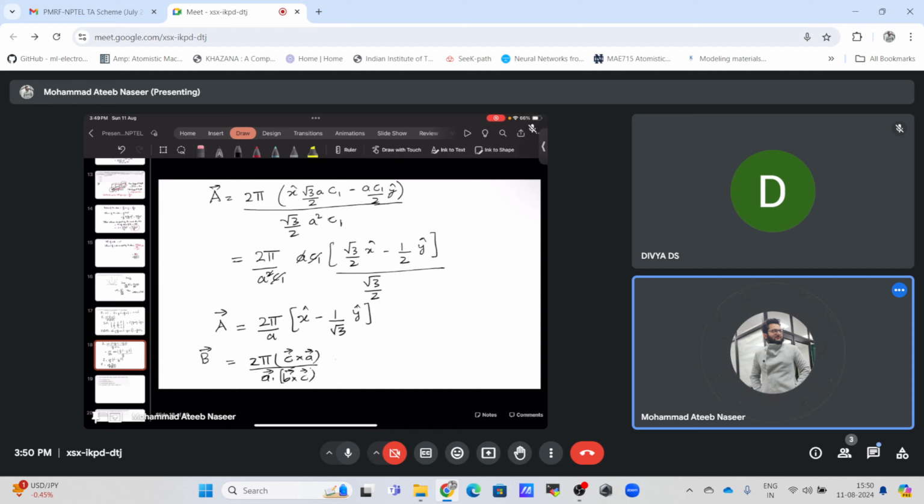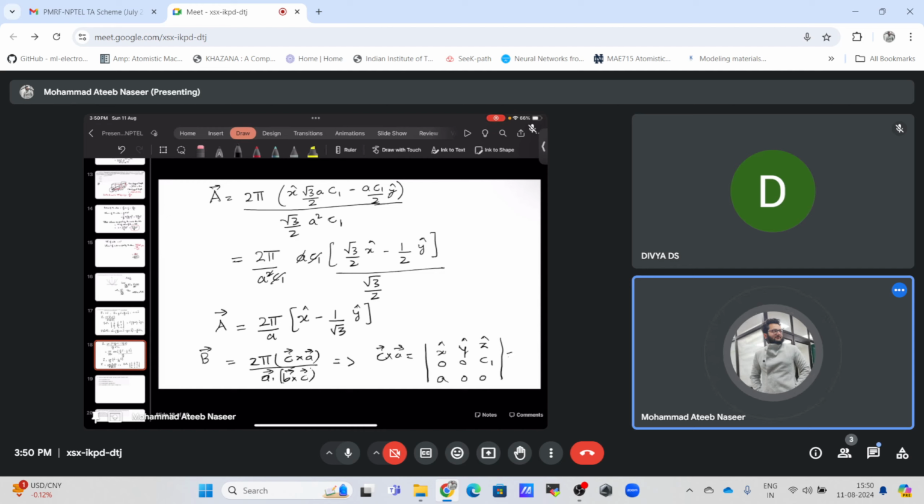Okay, c × a needs to be found out. c × a is simply the determinant of x̂ ŷ ẑ, with c as 0 0 c1 and a as a 0 0.